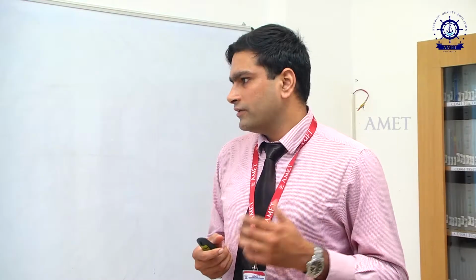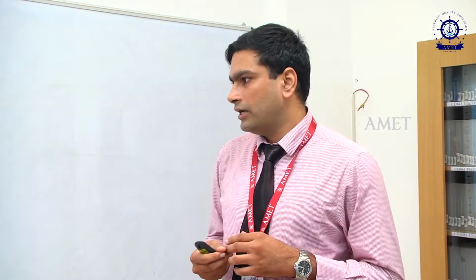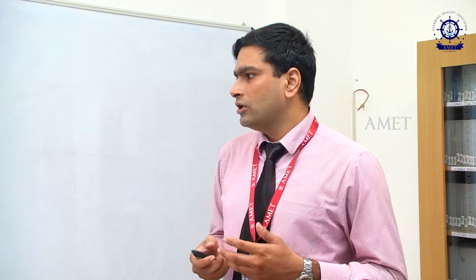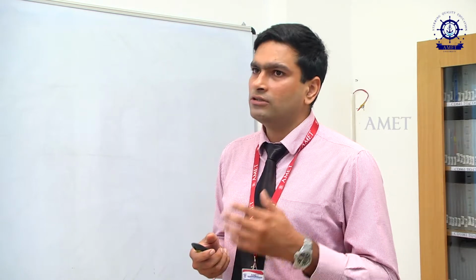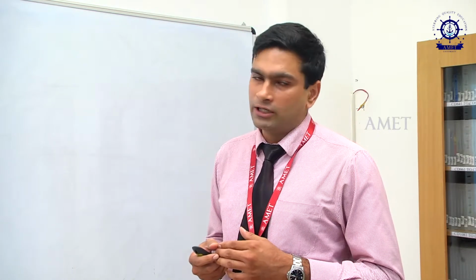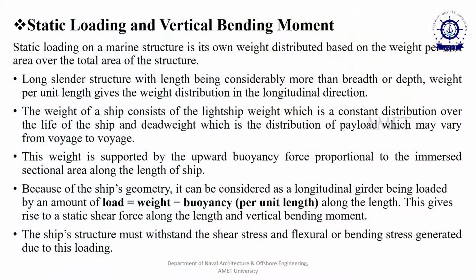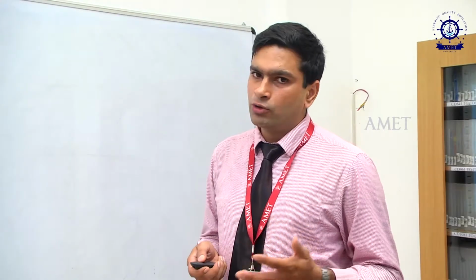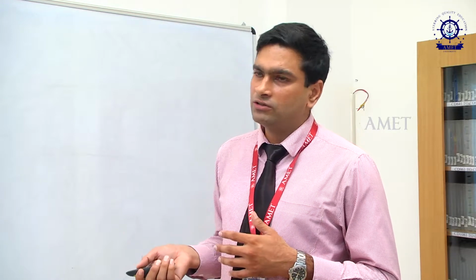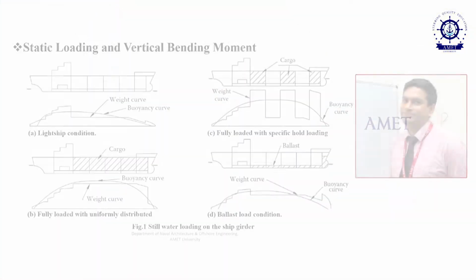This gives rise to the static shear, and because of the shear force along the length, the vertical bending moment takes place. So, when we talk about a ship structure, we must understand that it should withstand the shear stress and flexural bending stresses generated due to the loading under various conditions, which we will see in the next slide.